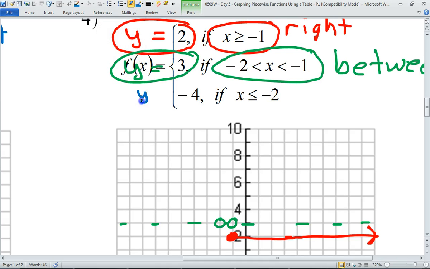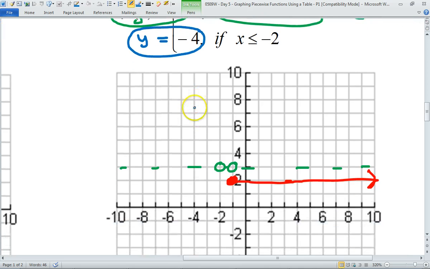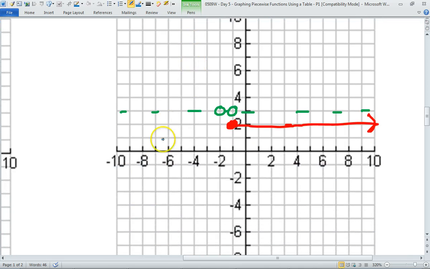All right, y equals -4. I'm graphing this piece now. Again, y equals -4 is going to be a horizontal line at -4. Oh wait, I should erase those extra marks. Now we're looking at a horizontal line at -4.